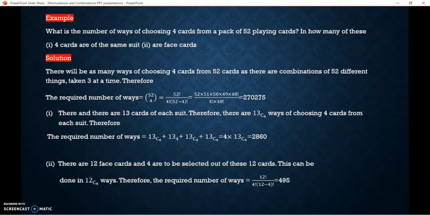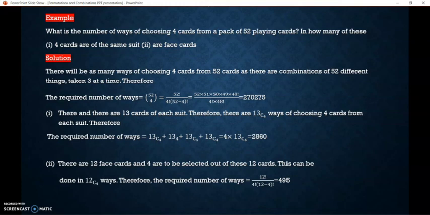So I can choose 4 from 13 spades, that is 13C4, or 13C4 again from club, or 13C4 again from diamond, or 13C4 from heart, right? So the total number of ways you can do this is exactly equal to 4 into 13C4, which comes out to be 2,860. So there will be 2,860 combinations in which the four cards will be of the same suit.